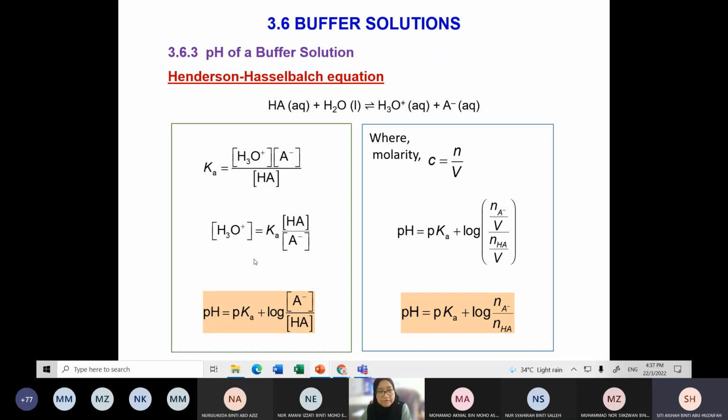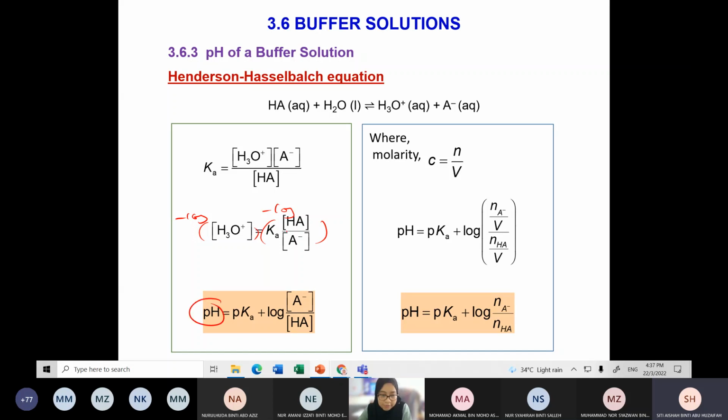Okay, and then from here to here, what we do is we negative log on both sides. Kita negative logkan on both side. So bila you negative log on both side, bukankah you dapat pH? Okay, alright.